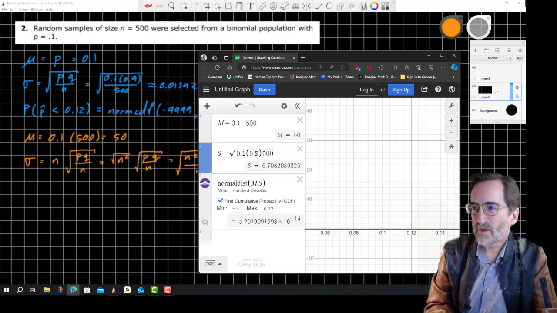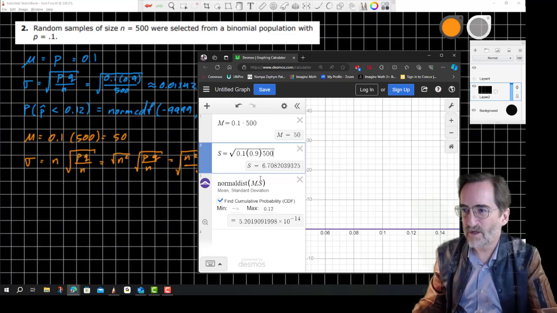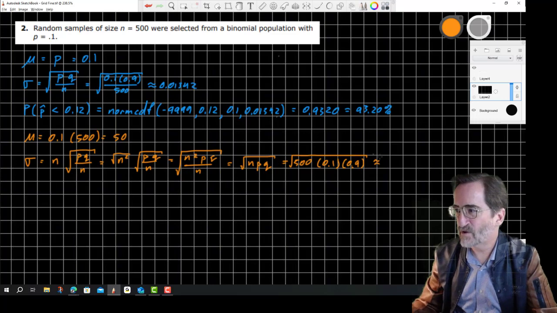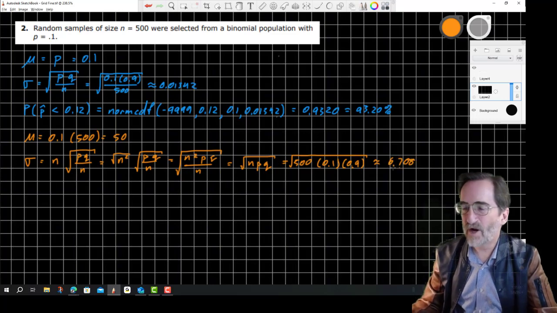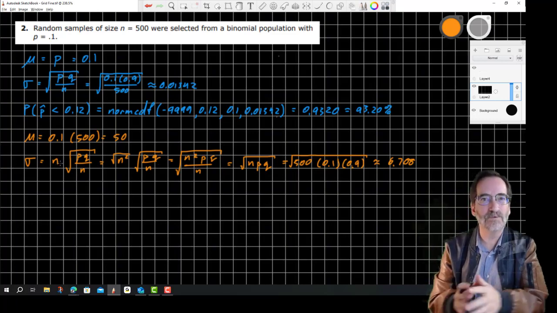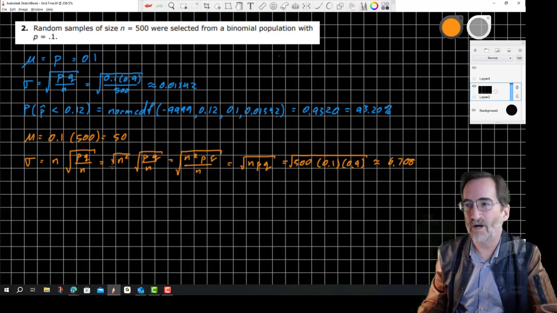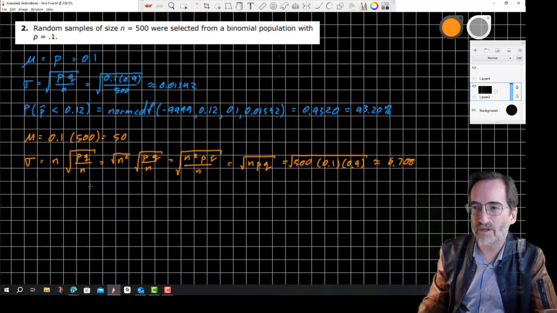Either way, we get 6.708. It's just 500 times more for the standard deviation. We're just scaling it up to match the total instead of the ratio, which is when you take the total and divide by the number possible.